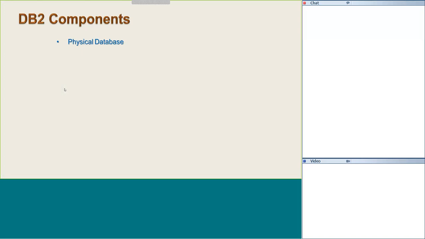Obviously, it's best to have them normalized to third normal form, these physical database files, because they're going to give us the best balance between flexibility and ease of use.